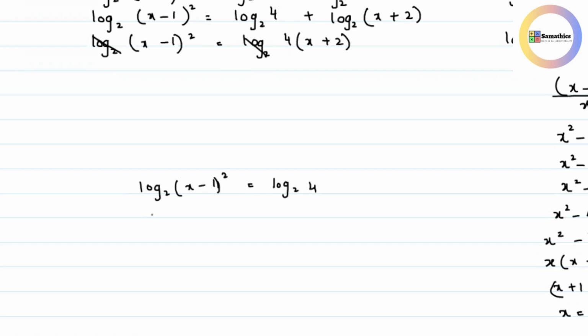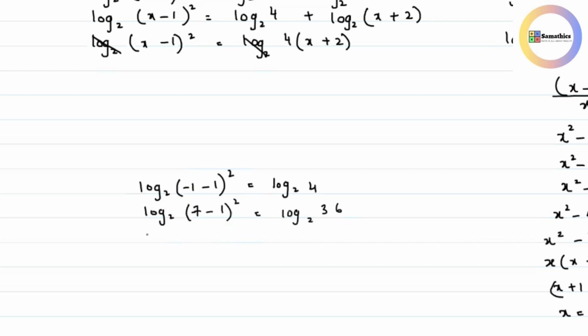And if we substitute 7, then 7 minus 1 is 6, and 6 square is 36, so it is log 2 of 36.